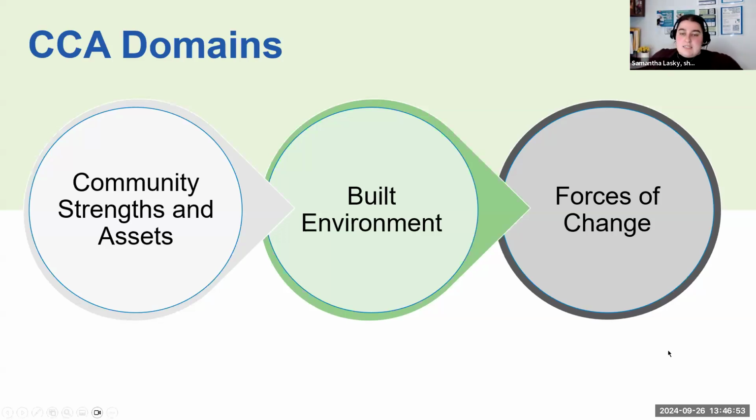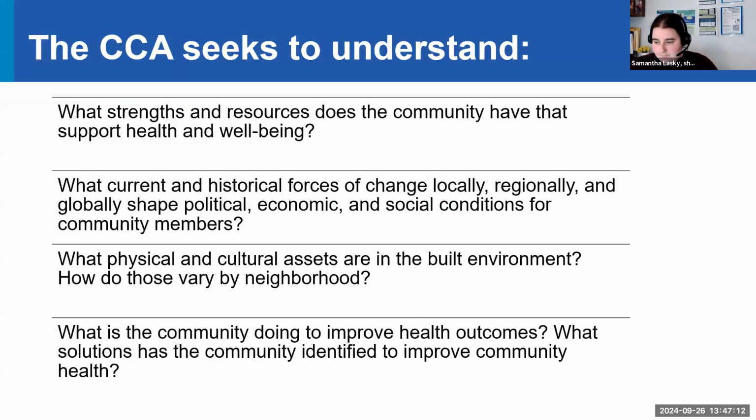And then finally, as some of you may know who may have done MAP 1.0, the forces of change are a health equity lens to identify forces that can affect the community and the local public health system. So the forces of change really focuses on trends, factors, and events that contribute to structural inequities. Next slide.